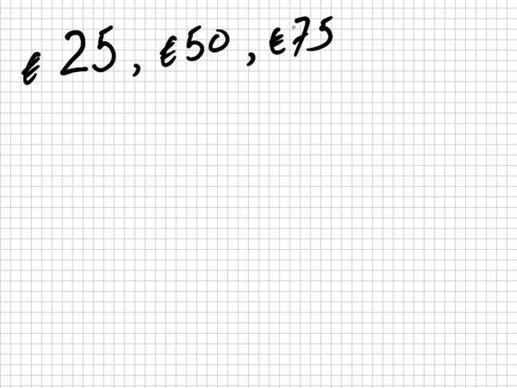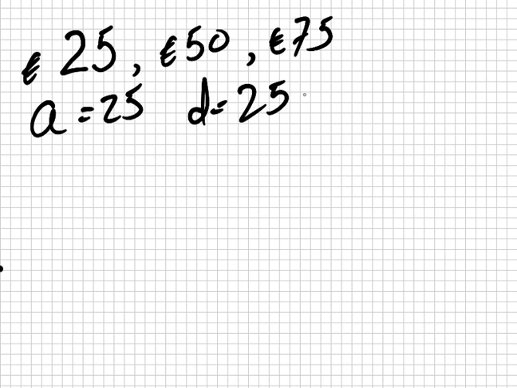So what type of sequence is this? Is it AP or GP? It's AP. And what's the A? A is 25. D, 25. And N, 10. And do I want UN or SN? SN. I want SN. Or S10, really.